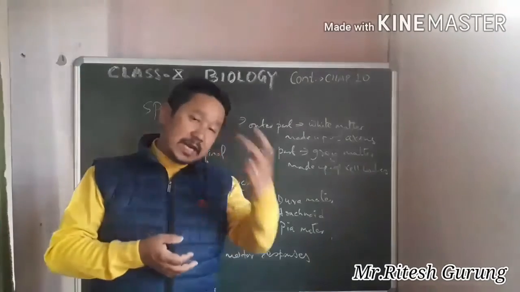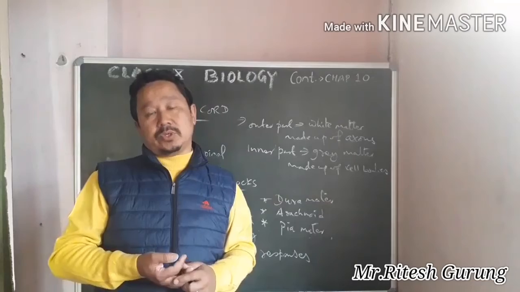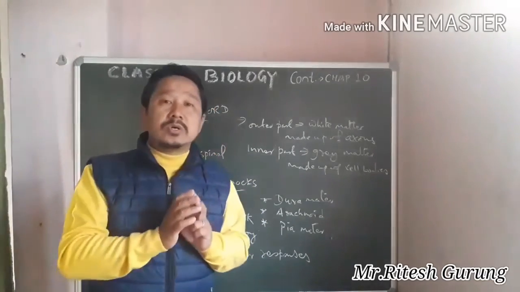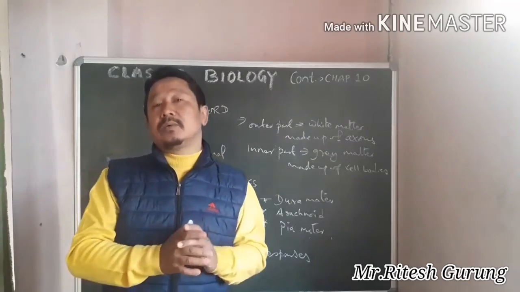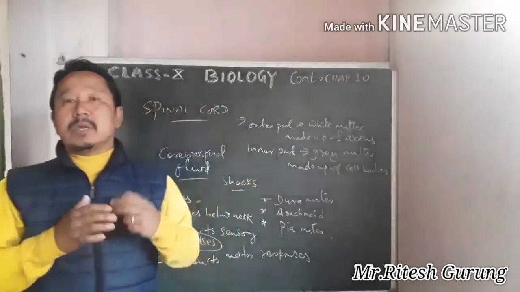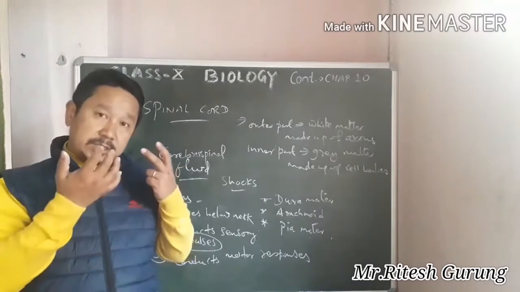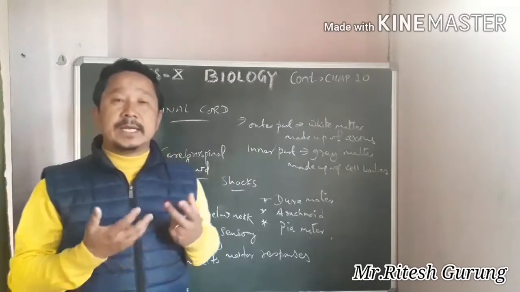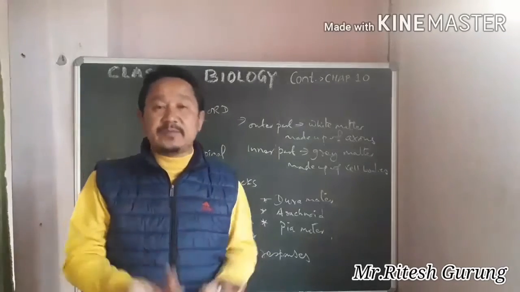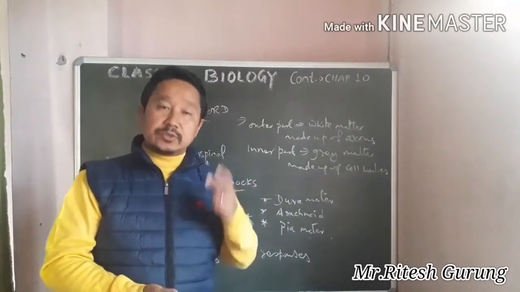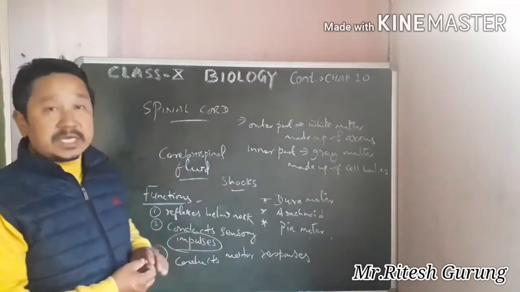That is called motor response. Your spinal cord conducts such motor responses from the brain to the muscles of the trunk and limbs, so that these muscles of the trunk and limbs perform the response. So these are the functions of your spinal cord.